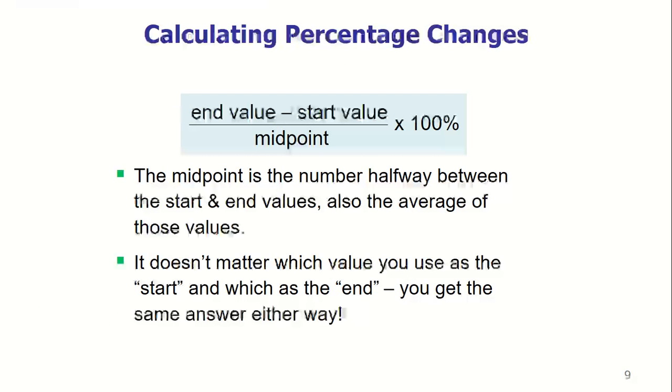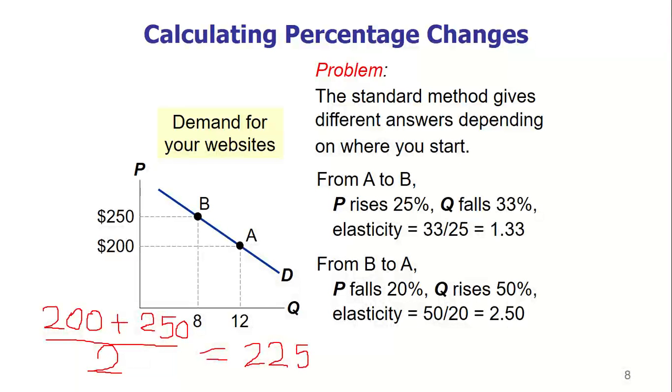So from the previous example where the start value was 200 and end value was 250, the midpoint will be 225.